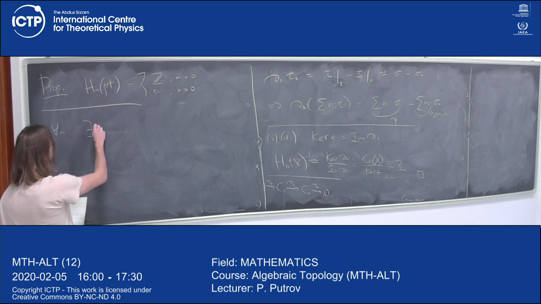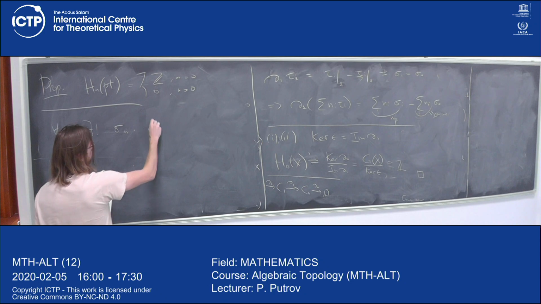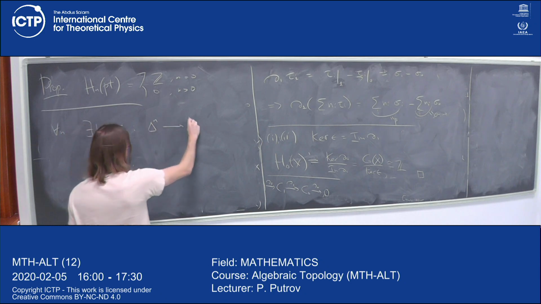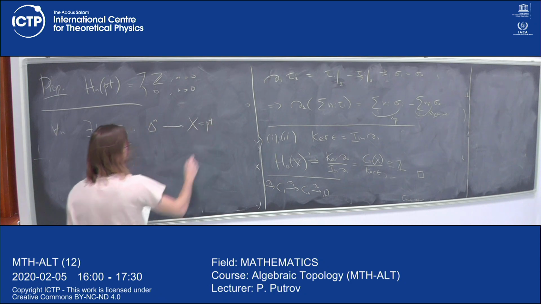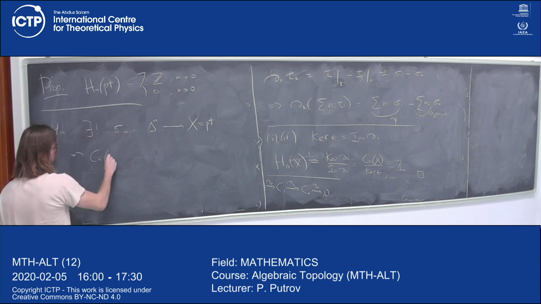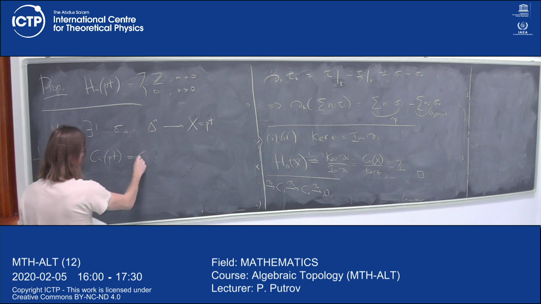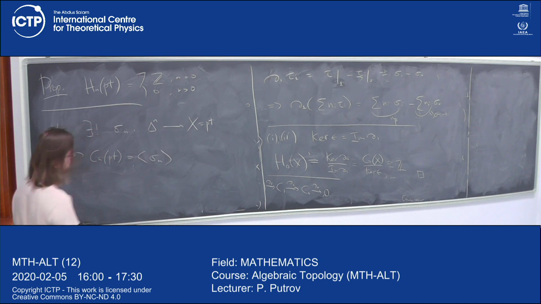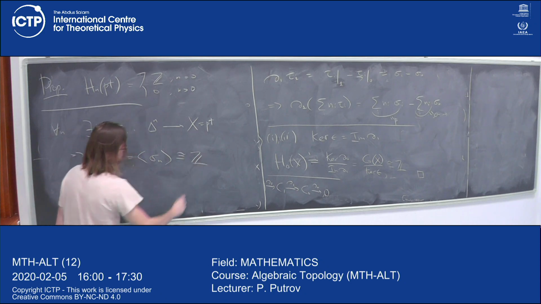So for any n, there exists a unique sigma n, which is a map from the n simplex to x, which is a point. This means these groups are all just generated by a single element, just isomorphic to Z.